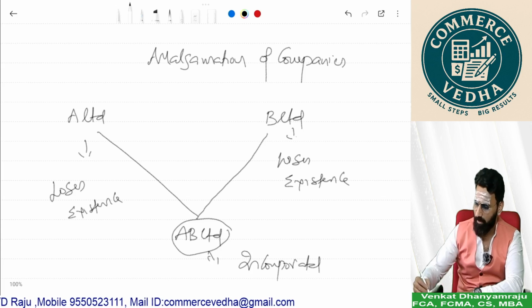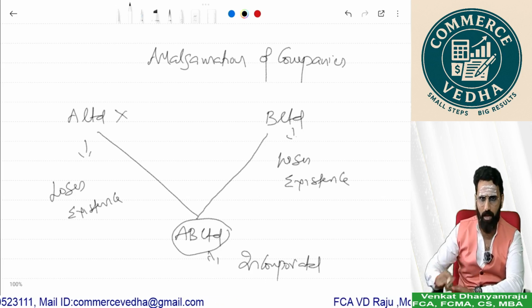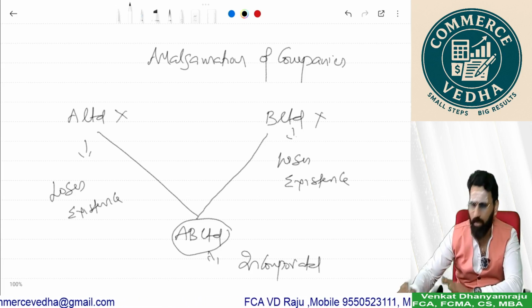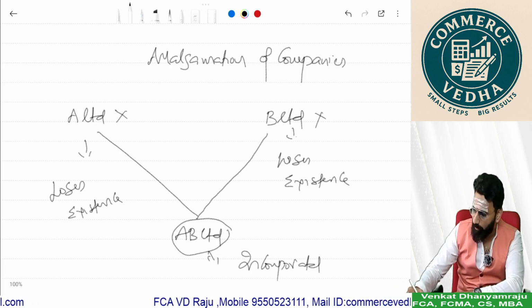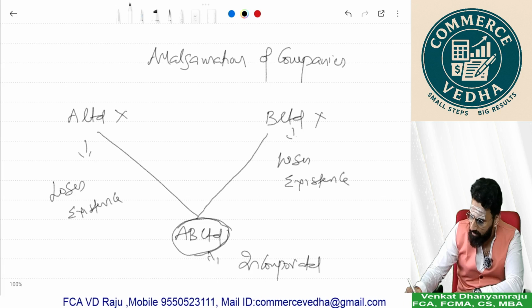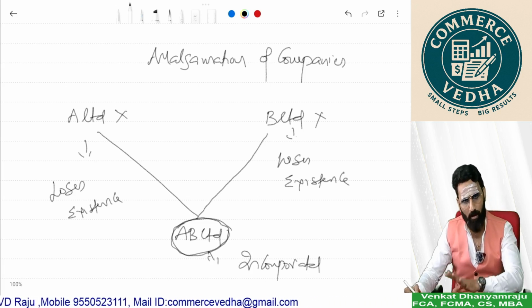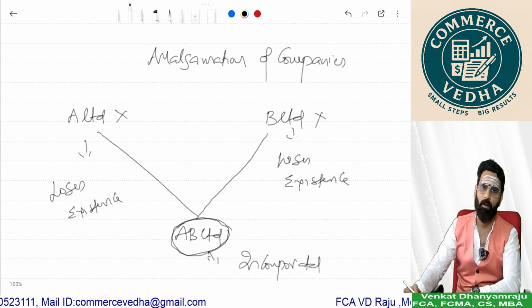So in this case, A will die, wound up, B also will die, and the new company AB Limited comes into existence. This is amalgamation, one type of amalgamation.